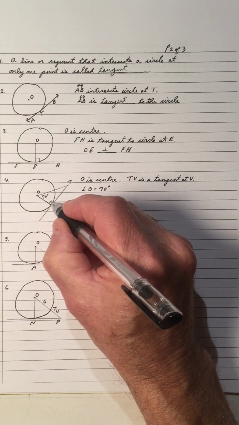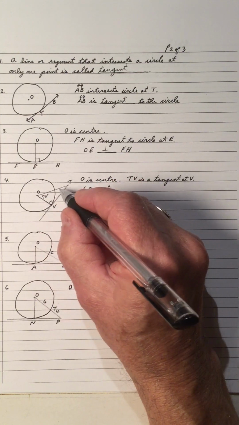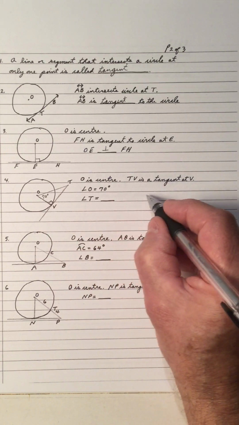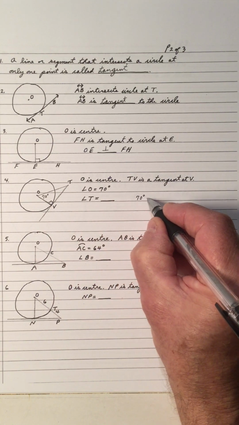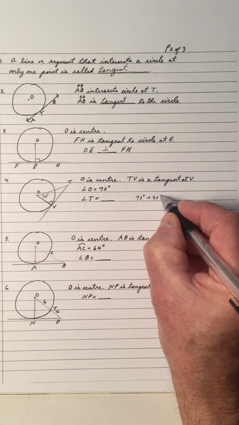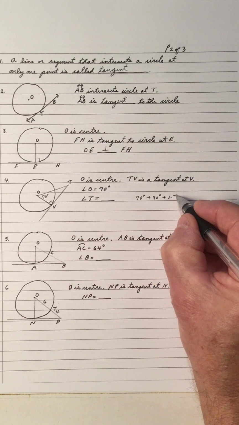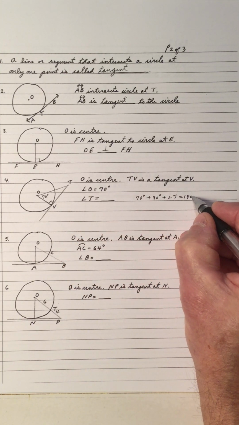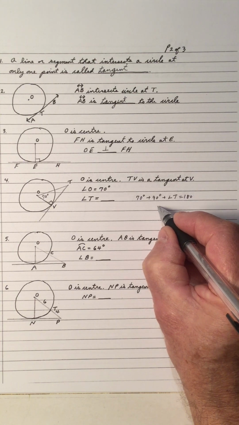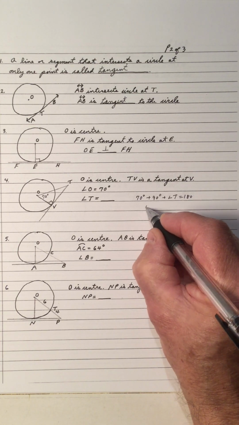So if that's a 90, the angles of a triangle add up to 180. So we have 70 plus 90 plus angle T equals 180. So that means that this is 160.